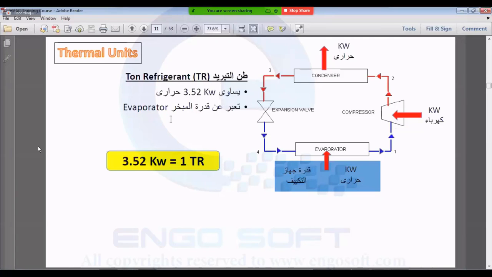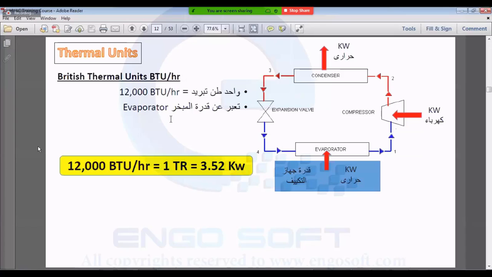Okay, that's good. 1 ton refrigerant equals 3.52 kilowatt. This is a conversion. 1 ton refrigerant also equals 12,000 British thermal units per hour. You know this conversion, right?